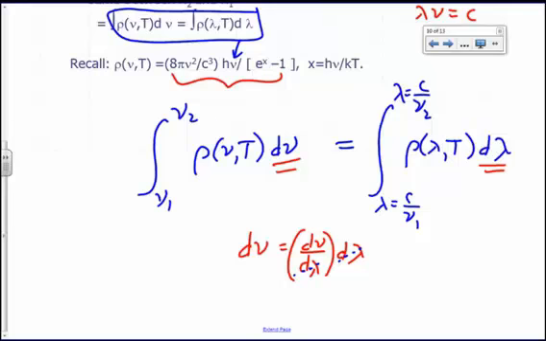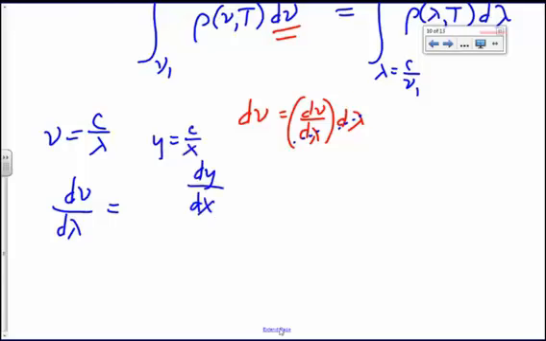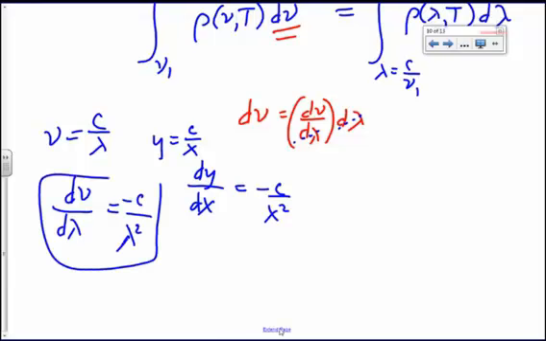So what is d nu with respect to lambda? Nu is equal to c over lambda. So if you take d nu with respect to lambda, it's like saying y equals constant over x. What is dy dx? It's going to be negative c over x squared. So this is going to be negative c over lambda squared.